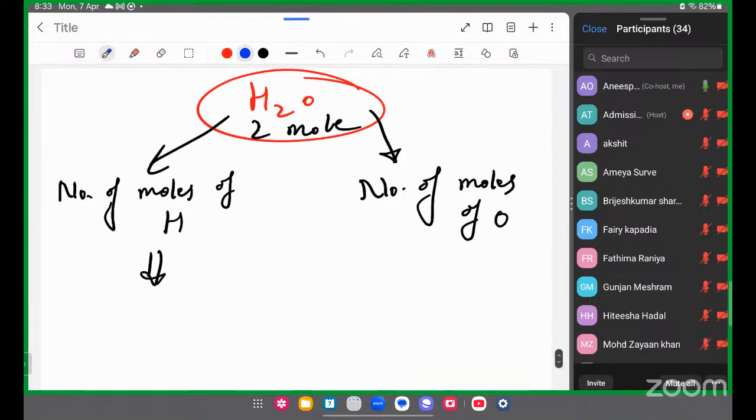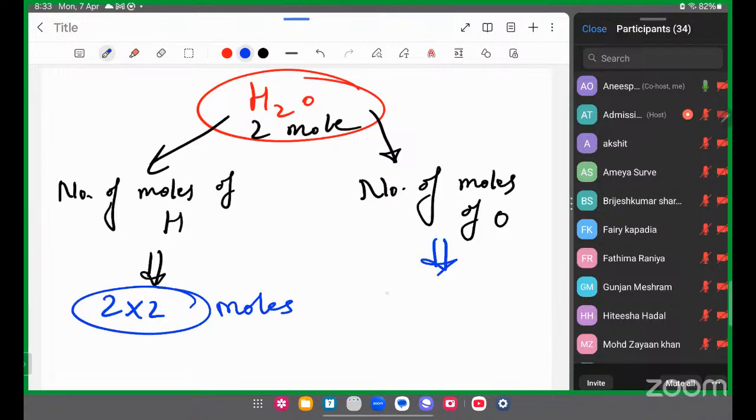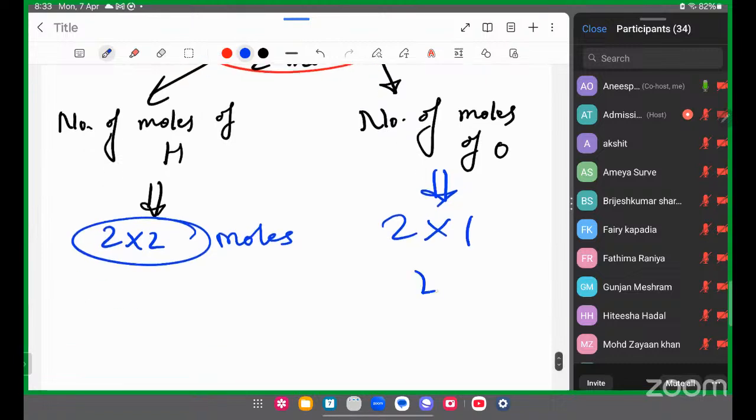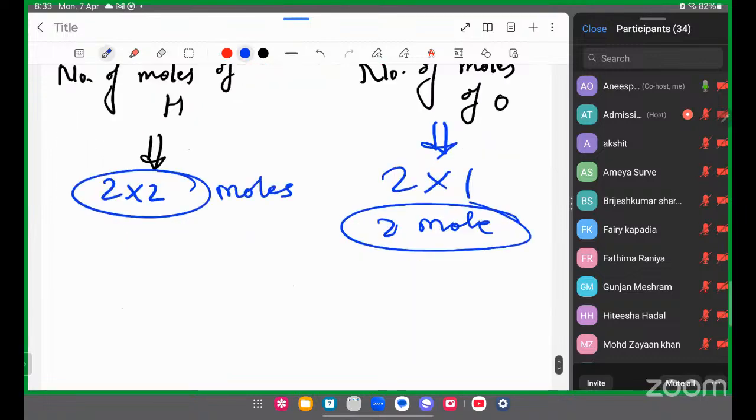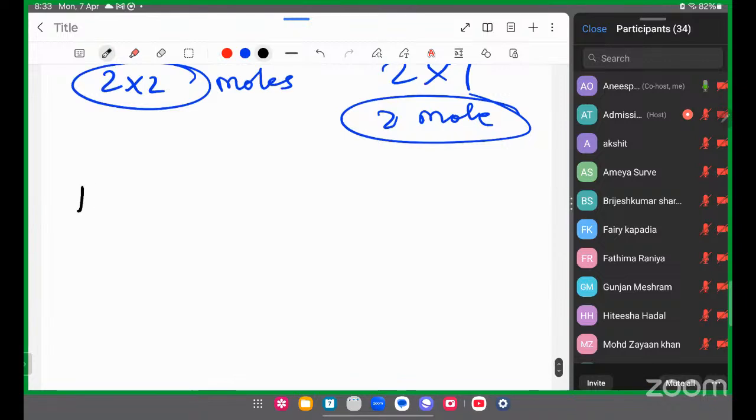In 2 mole H2O, we have 2 H atoms, which means there will be 2 into 2 moles of hydrogen. And for oxygen, we have 2 mole and 1 mole will contain 1, so this will have 2 mole oxygen. So in 2 mole H2O, we have 2 mole oxygen and 4 mole hydrogen. Now you can find the number of H atoms.